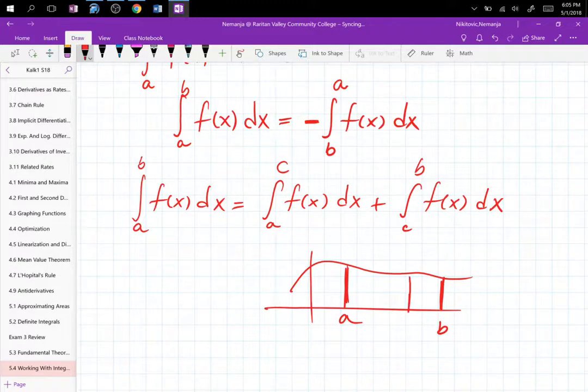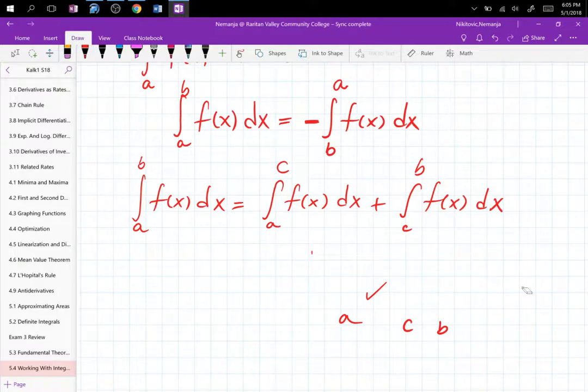And then you are allowed to cut anywhere with C, and when you compute A to C and you compute C to B, you get the combined area of everything. So you are allowed to cut within the interval anywhere. I'm just going to write over here that this C is between A and B. That has to be followed as a rule.